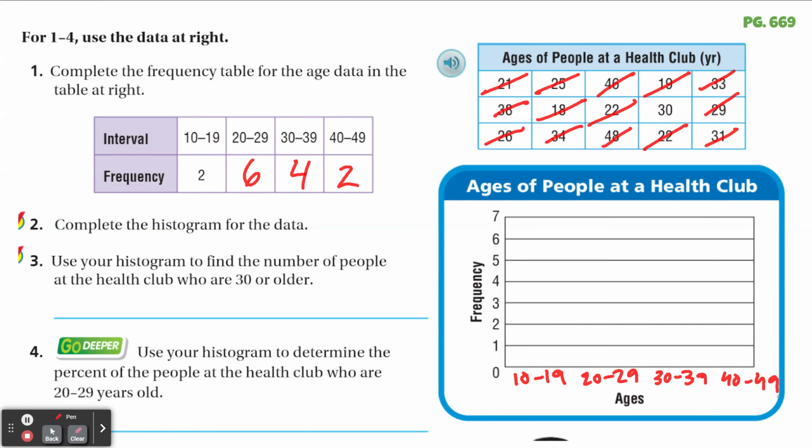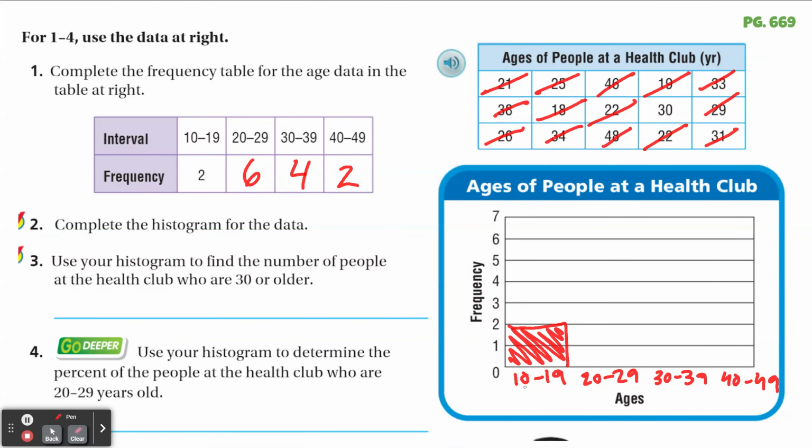So those are my 4 intervals for the ages. And now I need to graph each of these on the histogram. So our frequency for 10 to 19 was 2. So I'm going to draw my bar going up to 2, and I'm going to shade it.